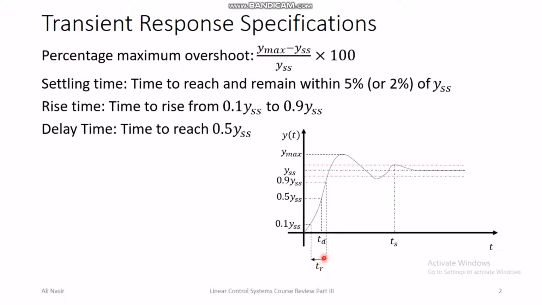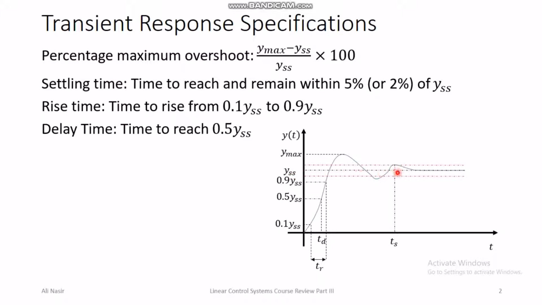Then the maximum value of the output of an LTI system is Y max, and then there is the time to reach and stay within the 5% band. The red lines show the 5% band, and the black dotted line shows the steady state value of the system, Y steady state.